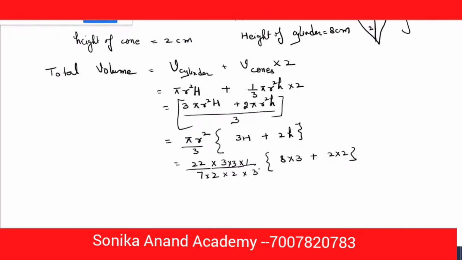Now these values get cancelled to 11 or just 11, leave it. Don't cut it. So 22 into 3 over 7 into 4. Here we have 24 plus 4, that is 28.